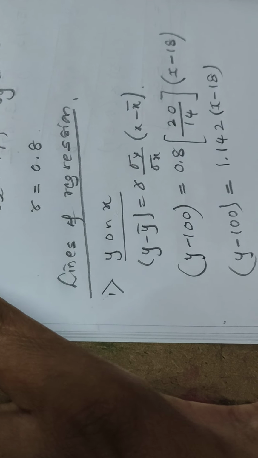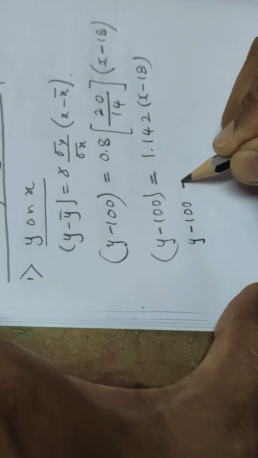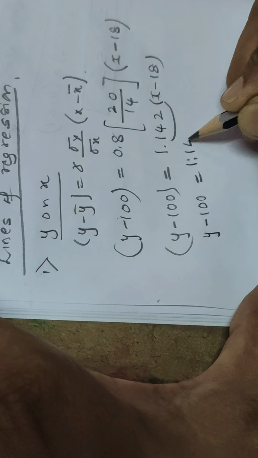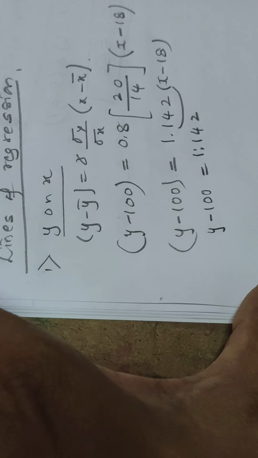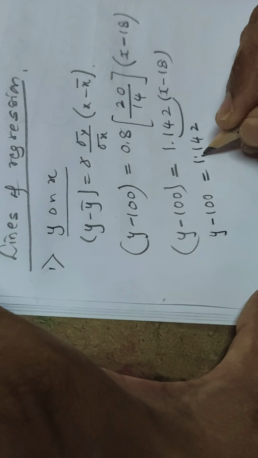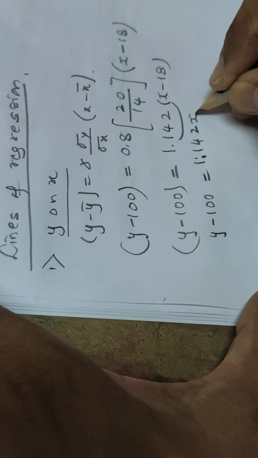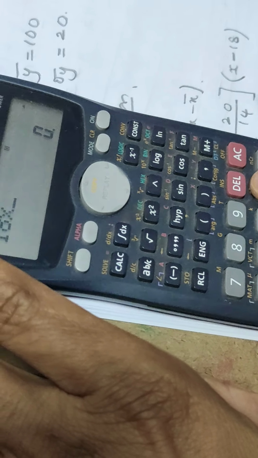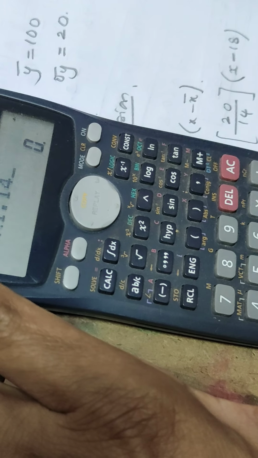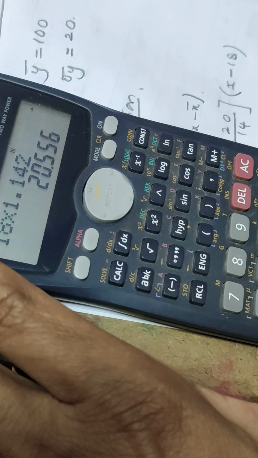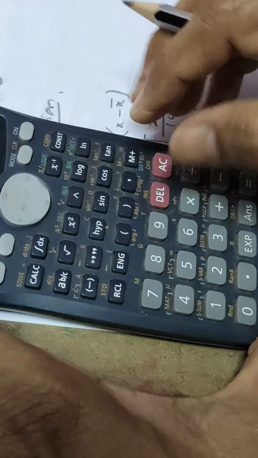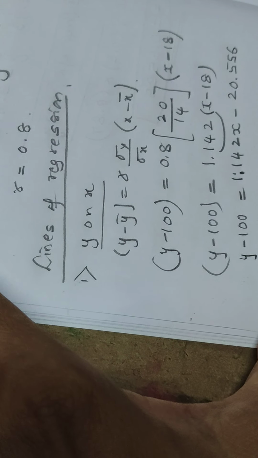So y minus 100 is equal to 1.142 into x minus 18. I'll multiply this inside the bracket: 1.142 x minus 18 into 1.142, that gives you 20.556. I want this in terms of y.